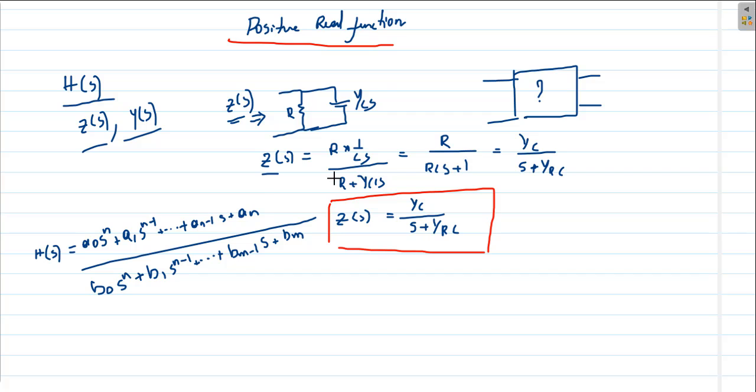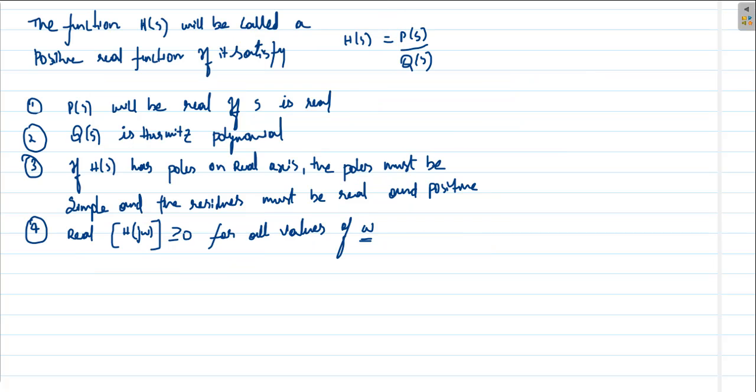So this is the positive real function you will be given, h of s equal to P of s by Q of s, having a numerator and a denominator. In the s domain, P of s will have one degree and Q of s another degree. For it to be a positive real function, it needs to satisfy a few conditions. H of s will be real if s is real.